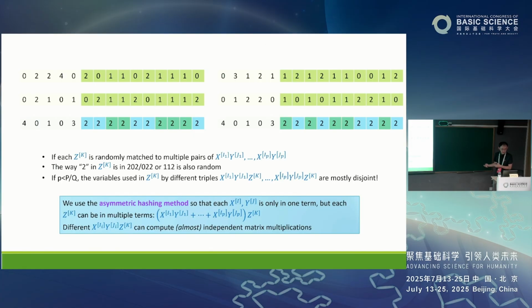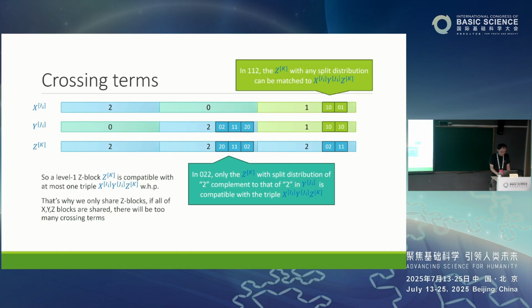We use an asymmetric hashing method, so that each Z is matched to multiple X and Y. And we show that, in fact, each of these X, Y, and Z can compute almost independent matrix multiplications. Okay, so this is our idea. But here we only reuse Z. X and Y are still not reused. So this only compensates for a small part of the combination loss.